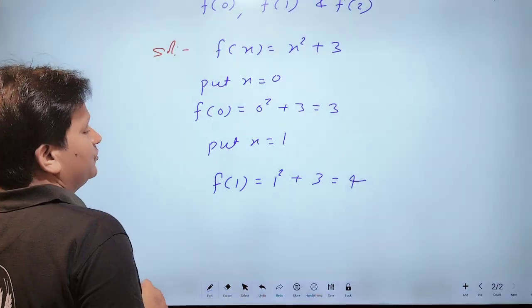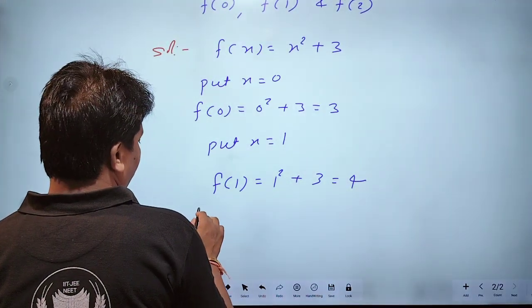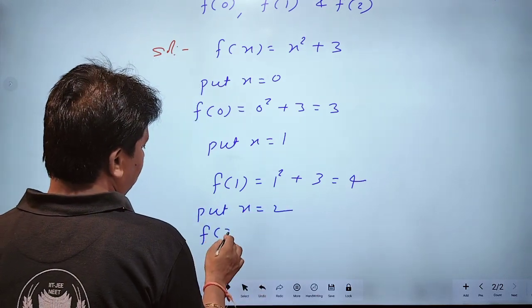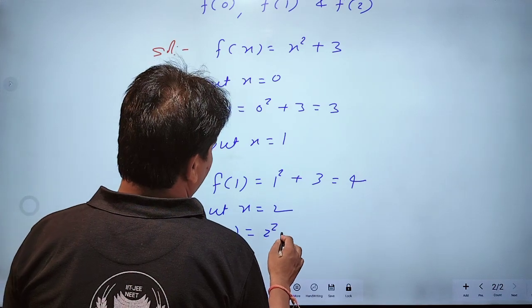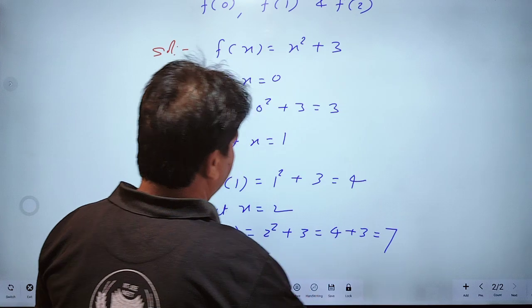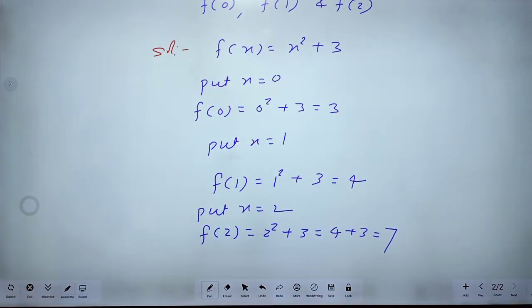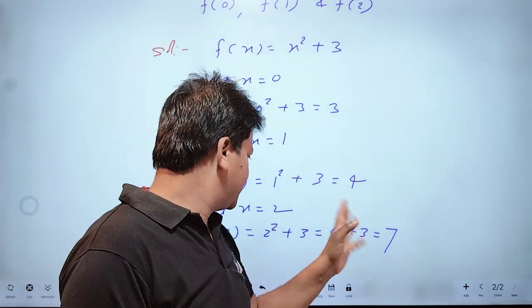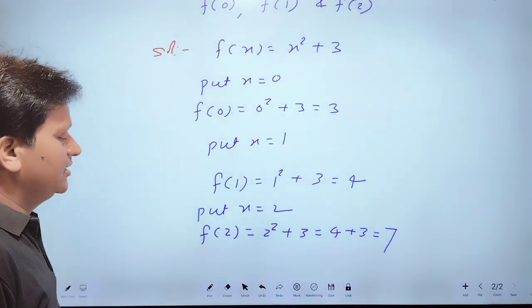Now we have to find f(2). Put x is equal to 2, then f(2) should be equal to 2 square plus 3, which means 4 plus 3 is equal to 7. This is the answer. Okay. f(0) is 3, f(1) is 4, f(2) is 7.